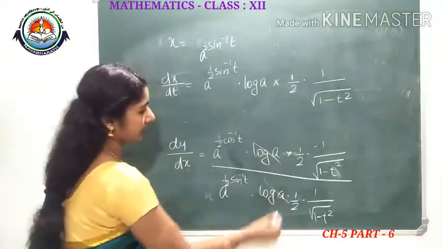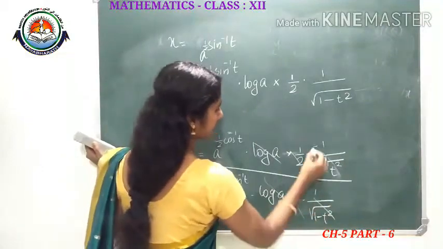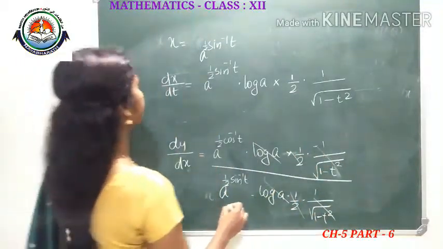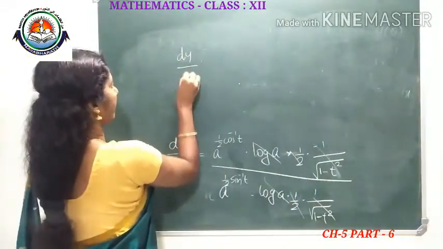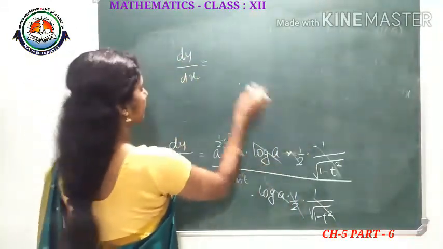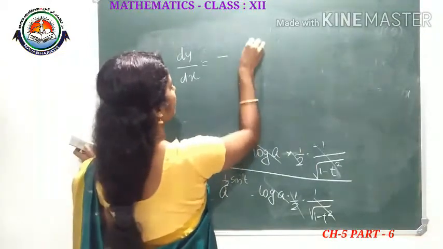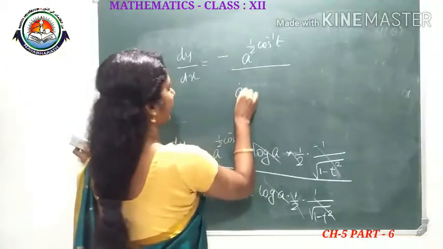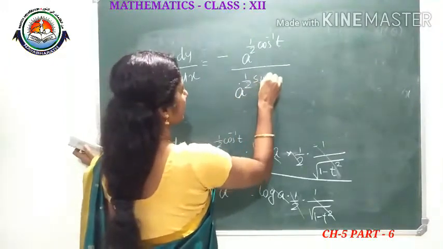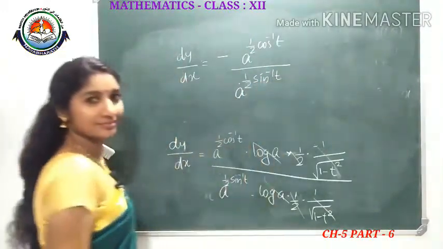Log a common factor cancelled, half common factor cancelled, this also cancelled. So finally we are getting dy by dx is equal to minus a raised to 1 by 2 cos inverse of t divided by a raised to 1 by 2 sin inverse of t.